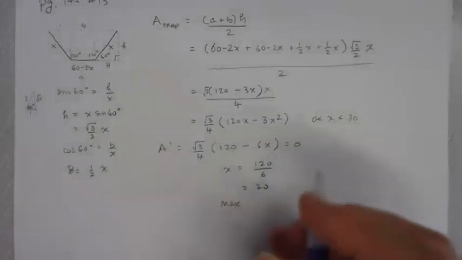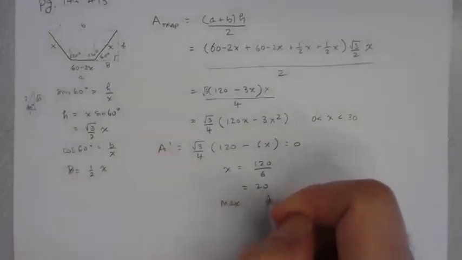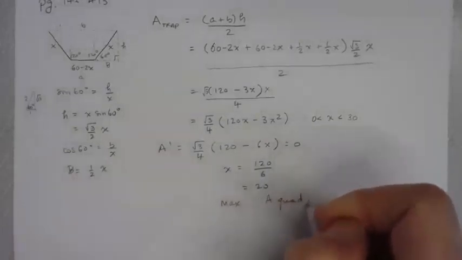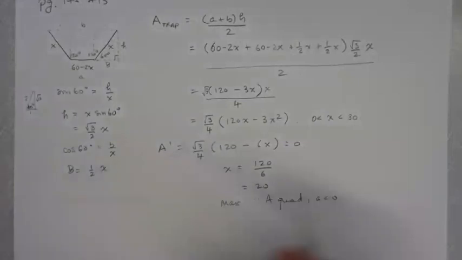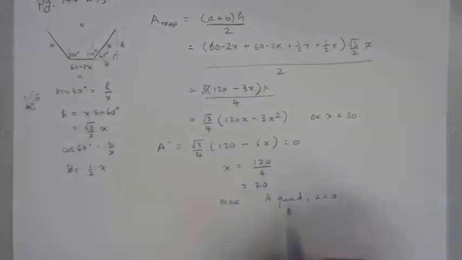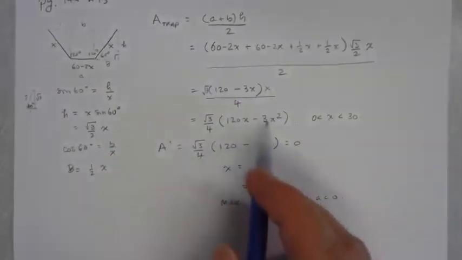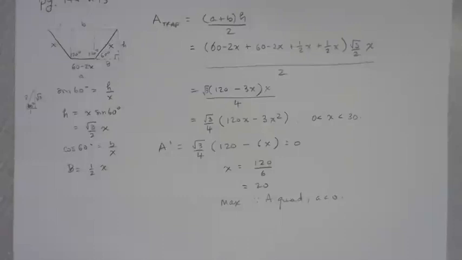Okay. So basically from here, we notice that we have a negative coefficient, and because it's a quadratic with a negative coefficient, therefore we know that this point is going to be a max. Very good. Okay, so there we go. And kind of similar, you see a very simple area function is quadratic with a leading coefficient that's negative. So that's all you need to say.